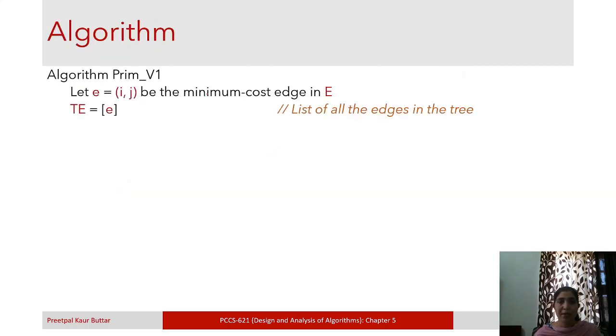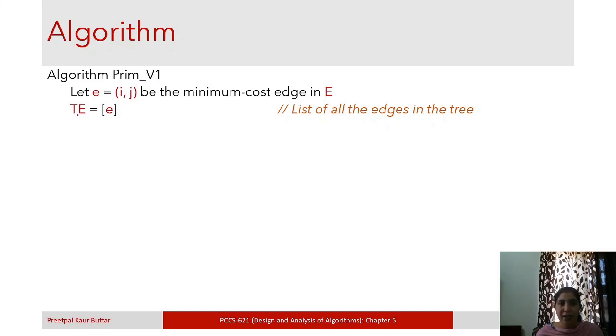So now let us look at this algorithm. The algorithm is saying first we will pick the minimum cost edge, right? So let E(i, j) be the minimum cost edge in the edge list E. Okay, so there is a minimum cost edge E, and we will readily take this and put it into the tree, right?